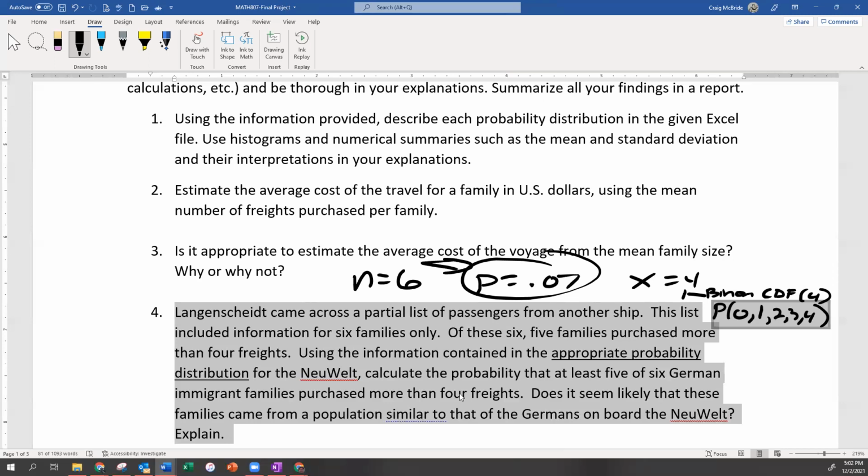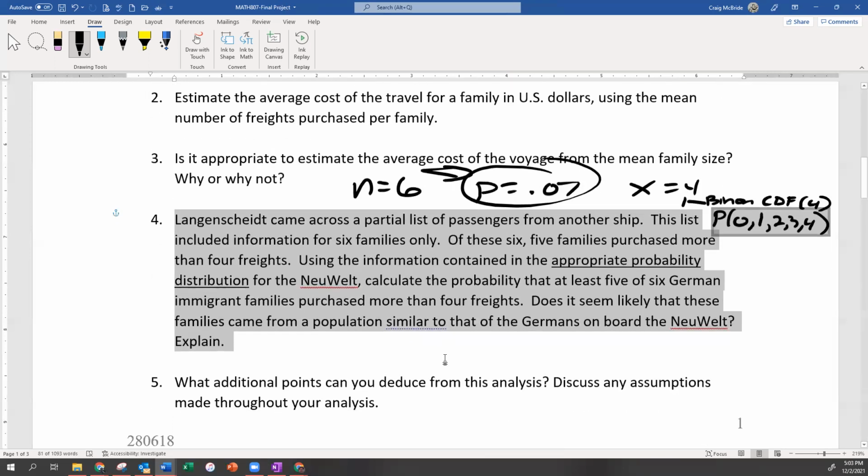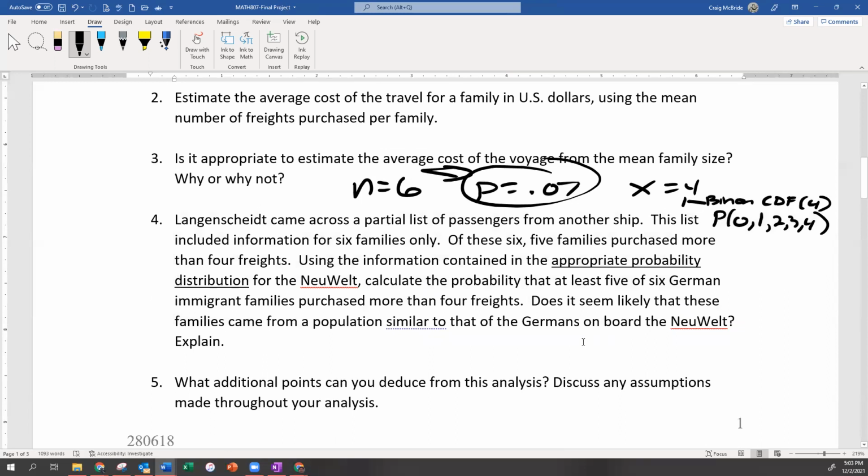And then when we get that probability, the idea is to say, well, does it seem like this set of data came from the new one, or from the same set of data? Well, if the probability is really, really big, then yeah, it came from the same data set. But if the probability is really, really small, then no, it's not likely, right?